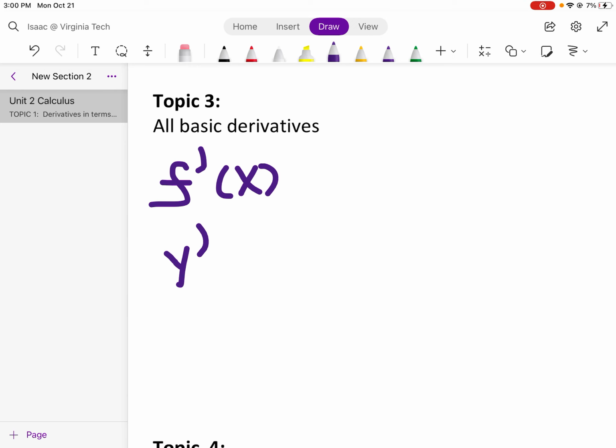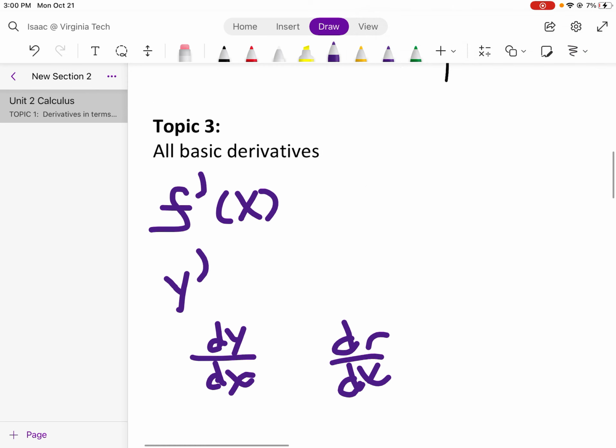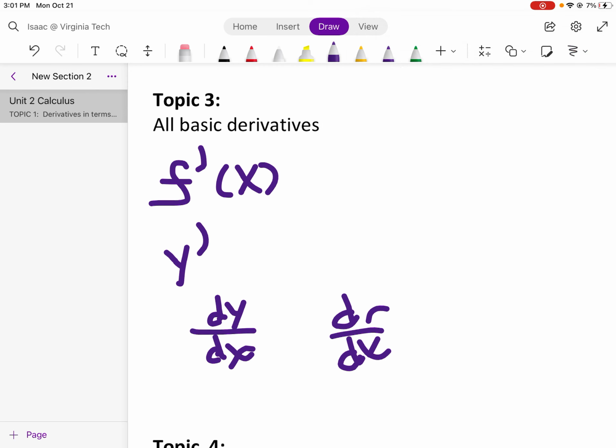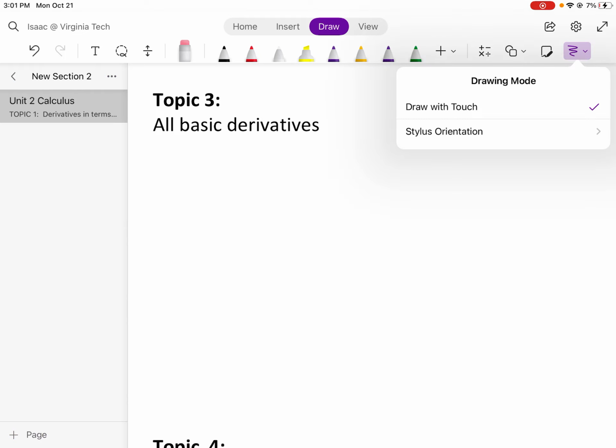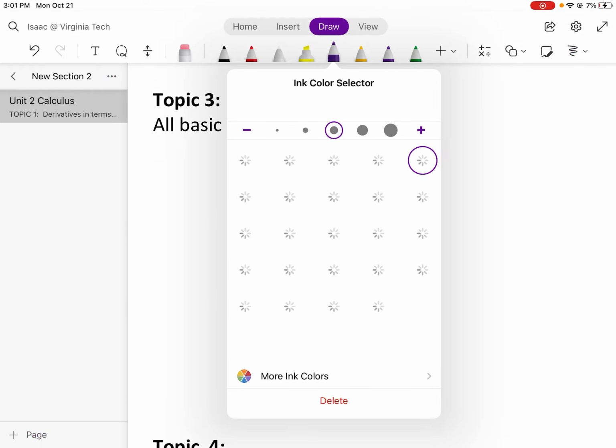And we can also say dy dx. That would be if it was in terms of y. If it's something else, you could do dr dx or whatever letter it is. But there's many ways of doing it, and they'll try to use different ones to mess you up, to make you confused, but if you see any of those, they are the same thing.